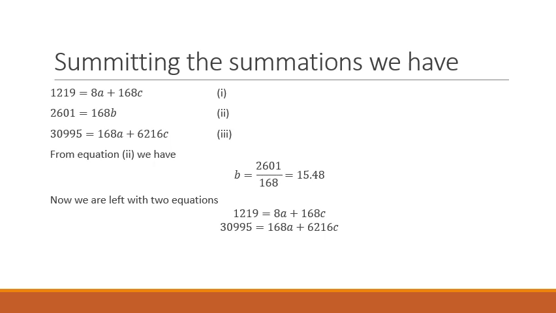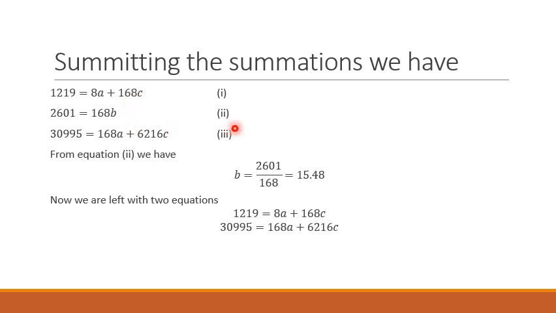Now here you can see that we substitute the summations into normal equations 1, 2, and 3. You can see that in the normal equation where summation x is equal to 0, constant b is eliminated.